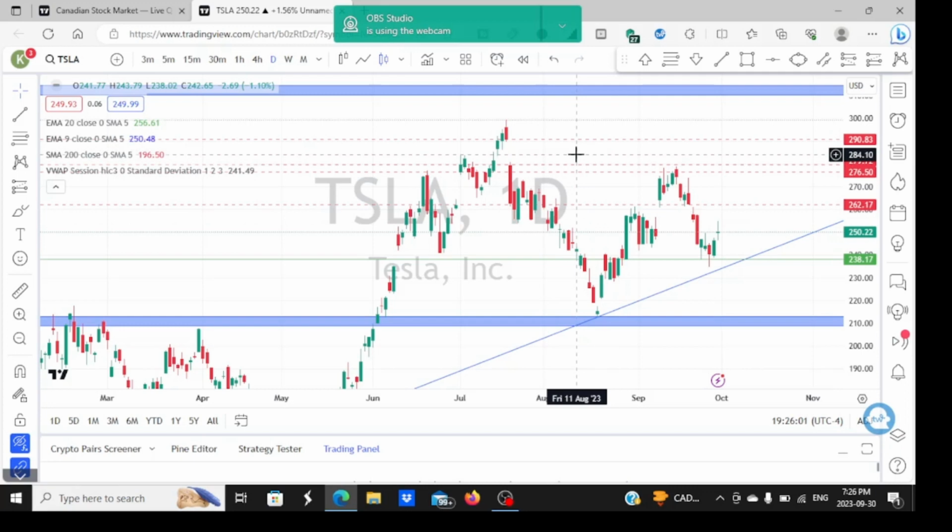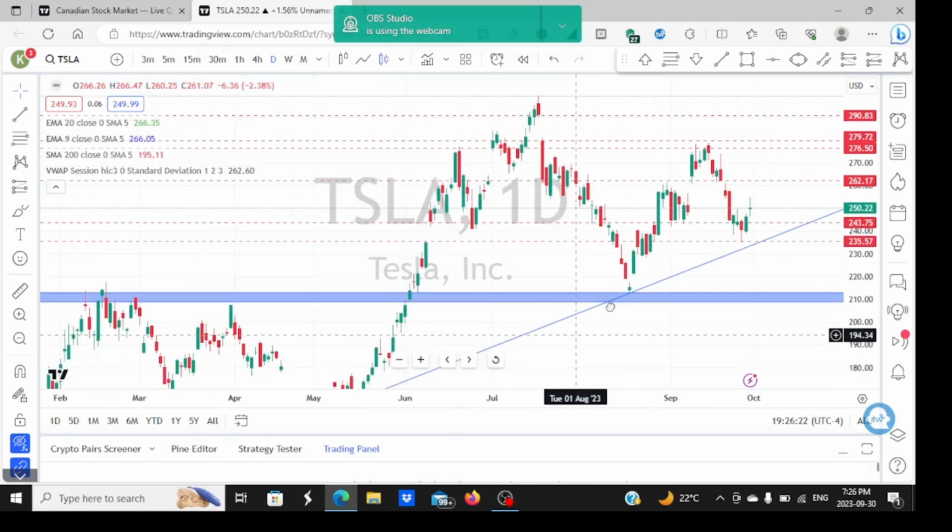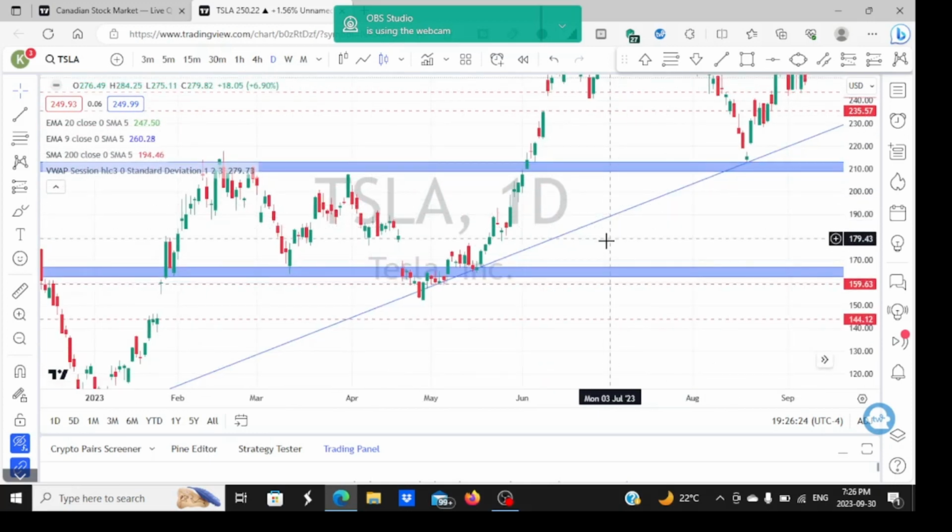So this is the gap for this one, and this is the gap for these two. Then right here we have another gap, and then okay. So these are the most recent gaps.